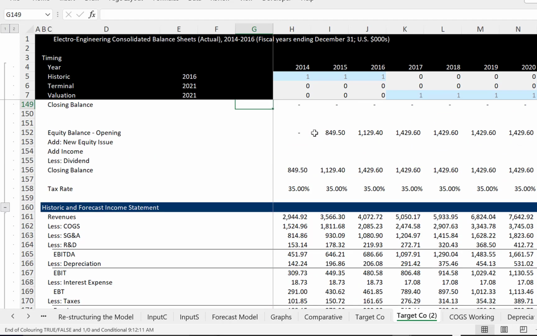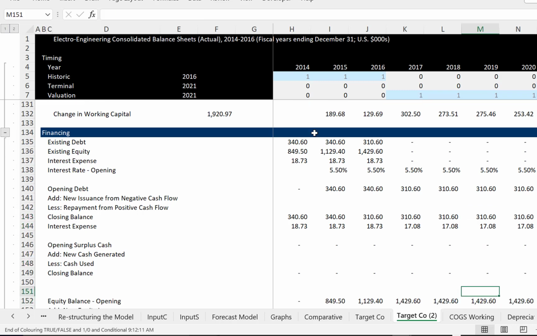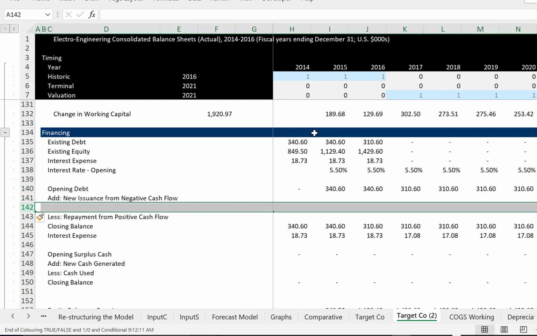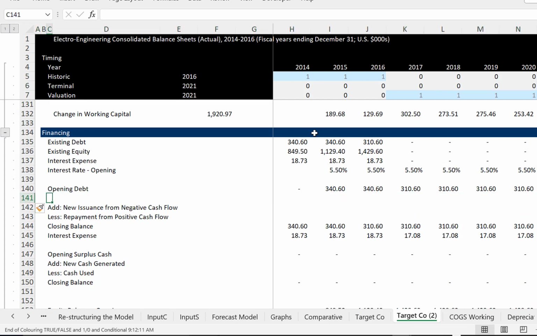You know, this debt balance that they now have, they could have some scheduled retirements that we're going to have to finance. So just to illustrate that, we'll put in scheduled retirements.